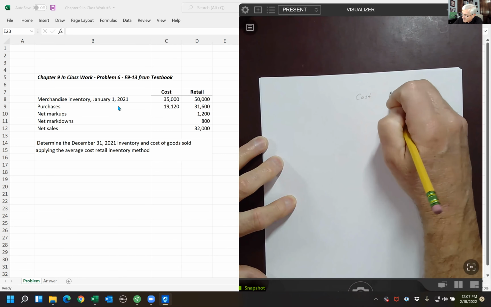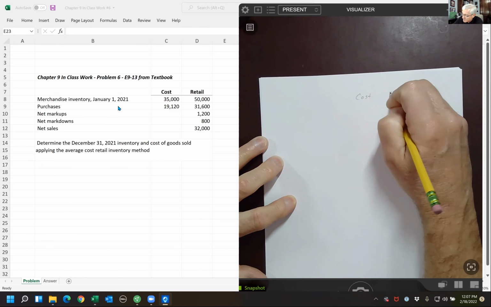And our retail side is 50,000 beginning inventory. Plus purchases, 19,120 on the cost side, and on the retail side, 31,600. And then there's no freight in here, so that actually makes it easy.